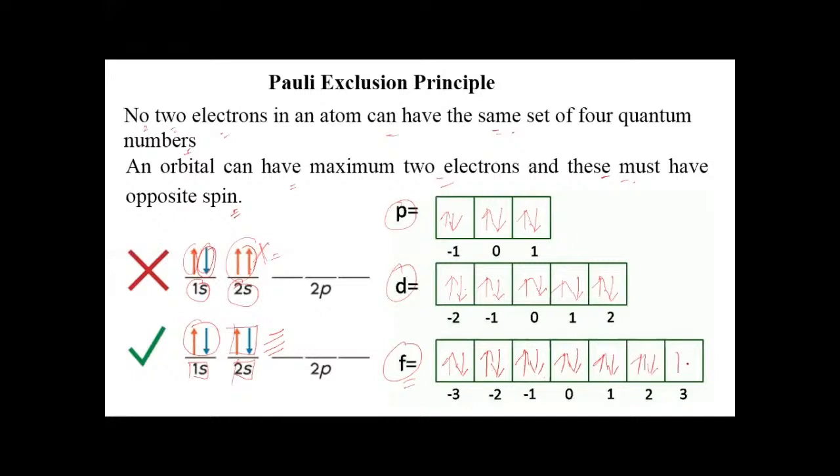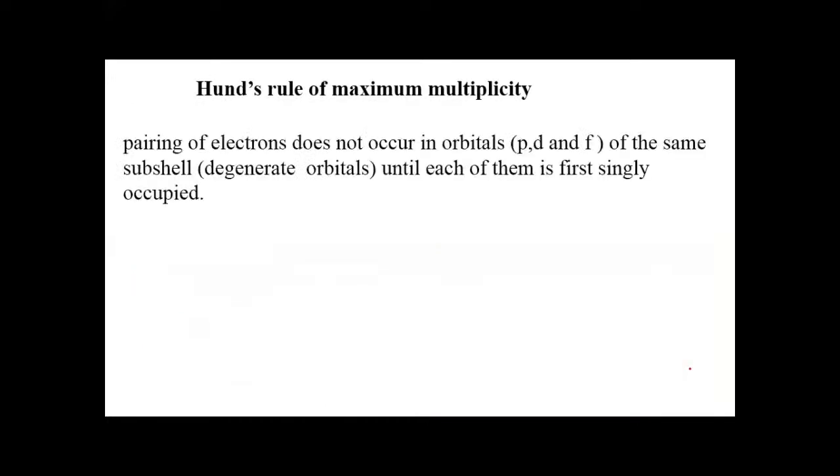Now we will discuss Hund's rule of maximum multiplicity. Pairing of electrons does not occur in orbitals such as p, d and f of the same subshell until each of them is first singly occupied.